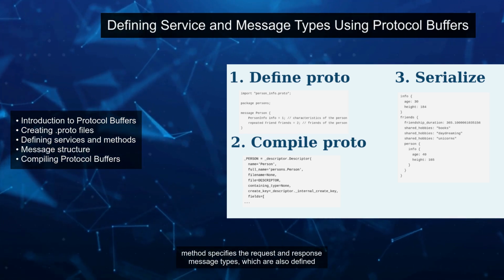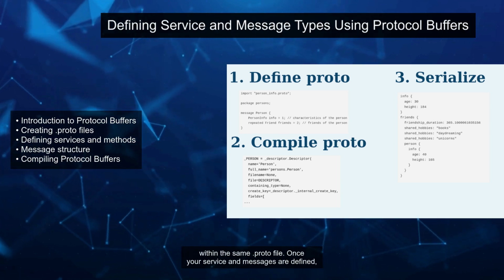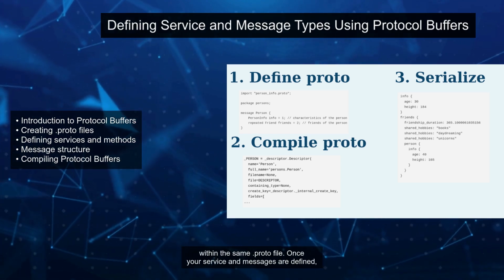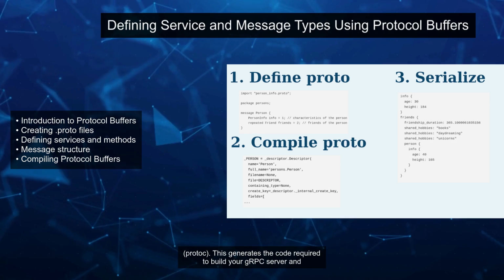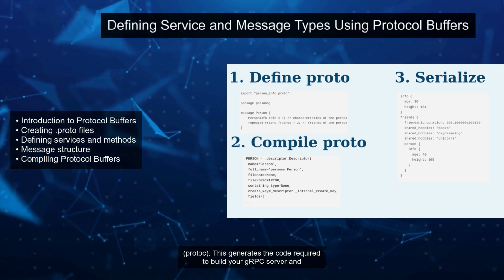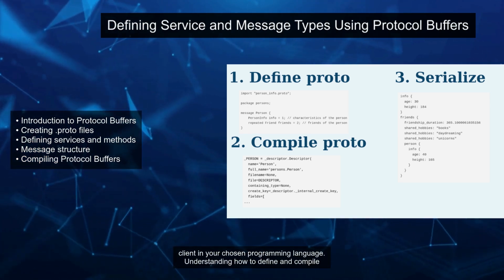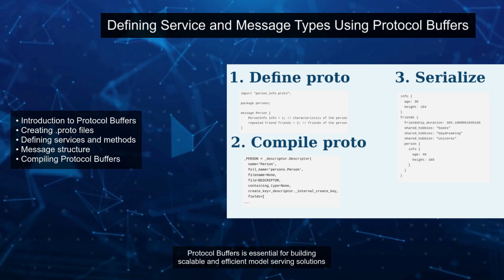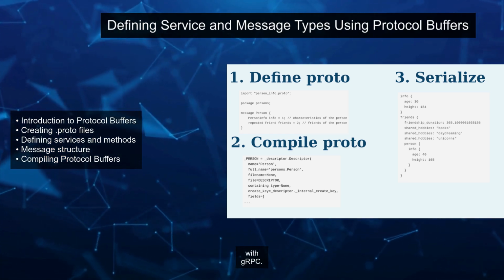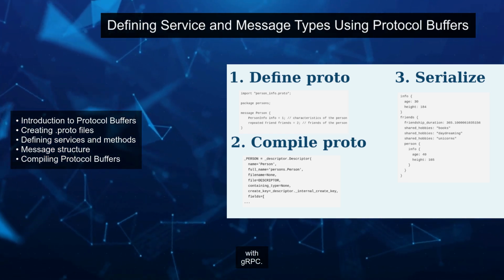Each method specifies the request and response message types, which are also defined within the same proto file. Once your service and messages are defined, you need to compile the proto file using the protocol buffers compiler, protoc. This generates the code required to build your gRPC server and client in your chosen programming language. Understanding how to define and compile protocol buffers is essential for building scalable and efficient model serving solutions with gRPC.